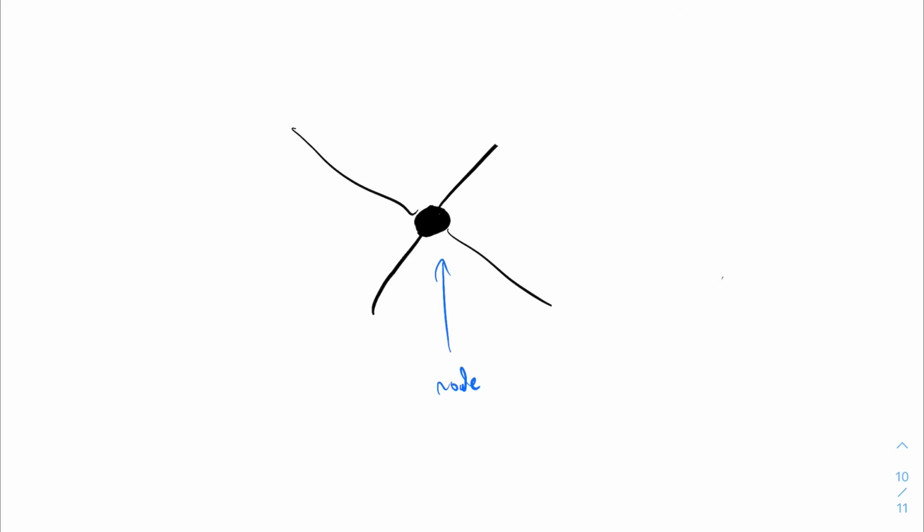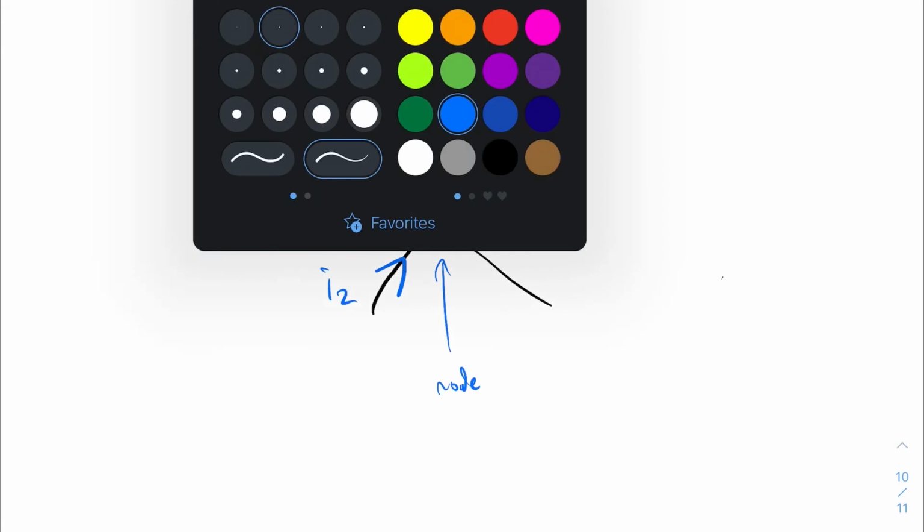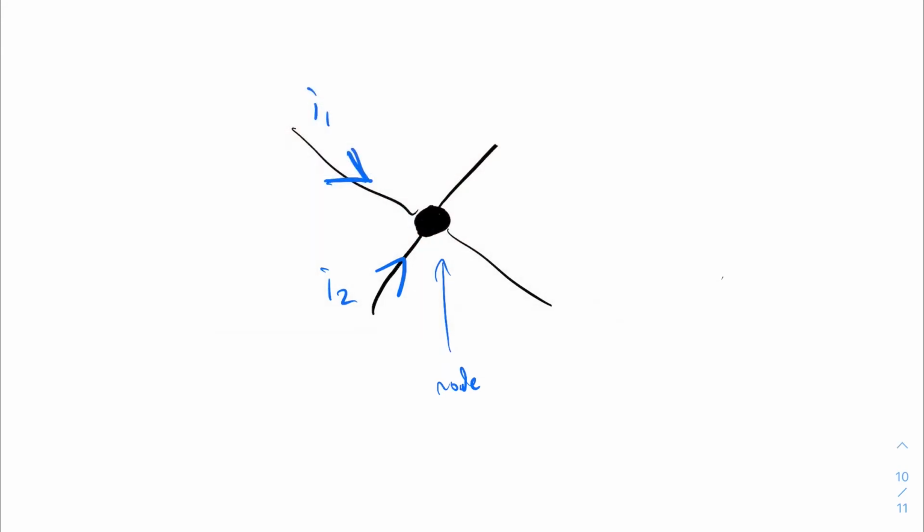However much current enters the node, so imagine here we had a current I1 and a current I2 entering the node. Then if you had these two currents, I3 and I4, leaving the node, I1 and I2 would equal I3 and I4.